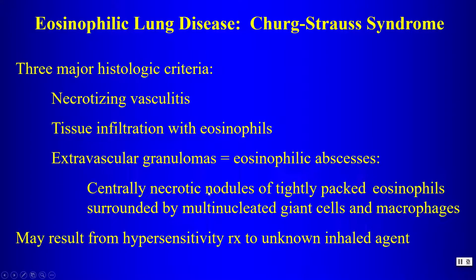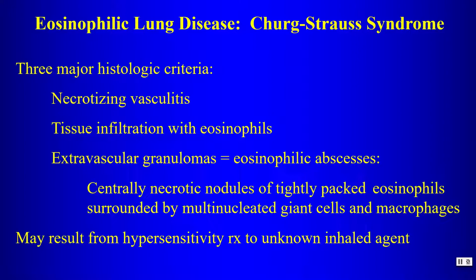Histologic criteria would look for necrotizing vasculitis, tissue infiltration with eosinophils, and extravascular granulomas, so-called eosinophilic abscesses. So these granulomas are centrally necrotic nodules, tightly packed eosinophils, surrounded by multinucleated giant cells and macrophages.